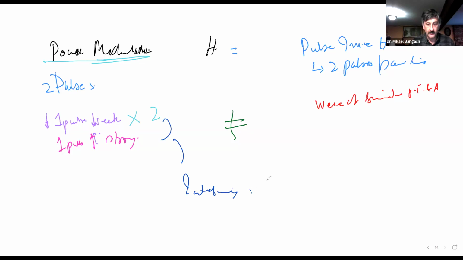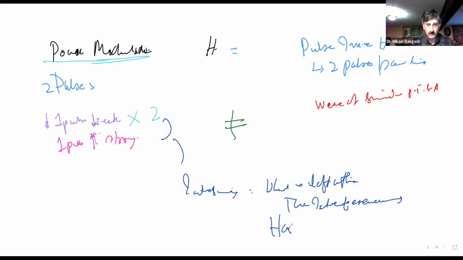That is just going to be what is left after the interference. That will produce your harmonics image.